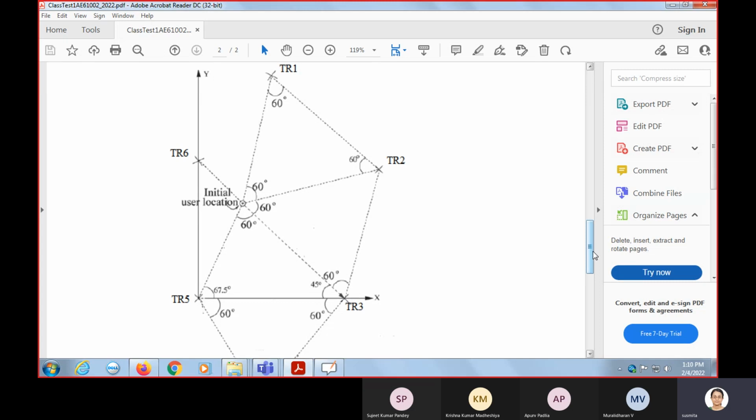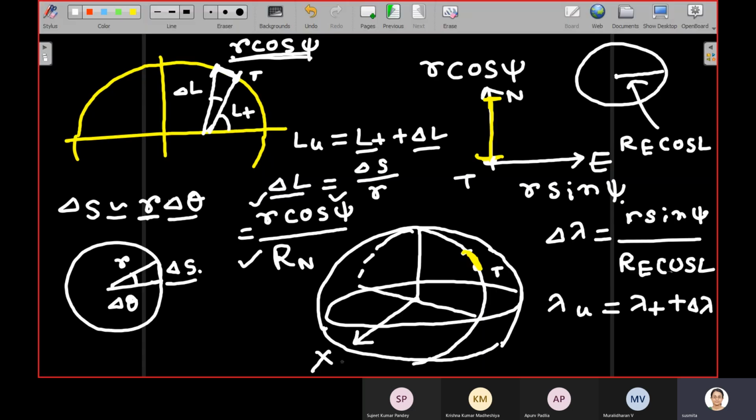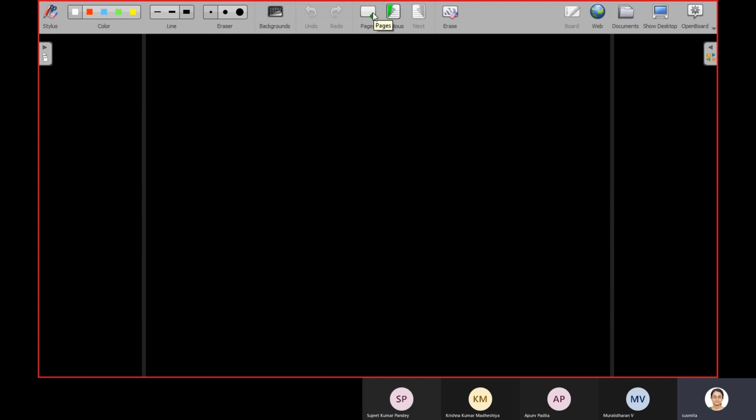So using the distance between the user and the transmitter, you need to draw those circles. I do not have that PDF in front of me, so I'll just draw a rough figure.